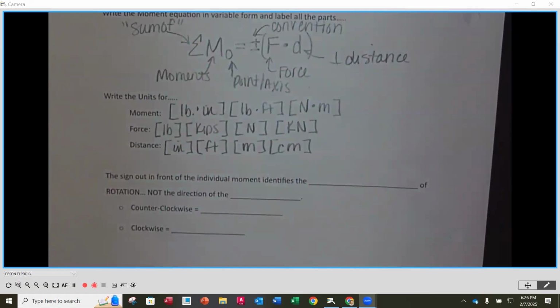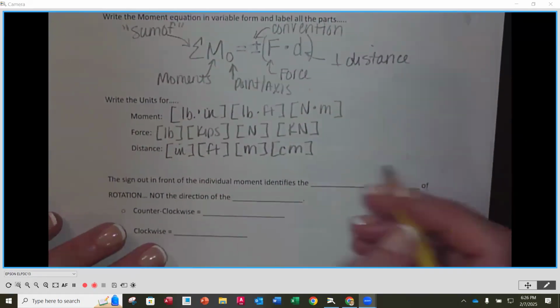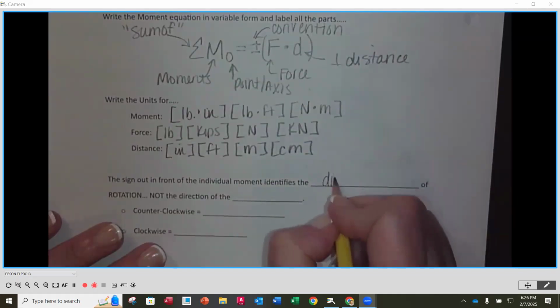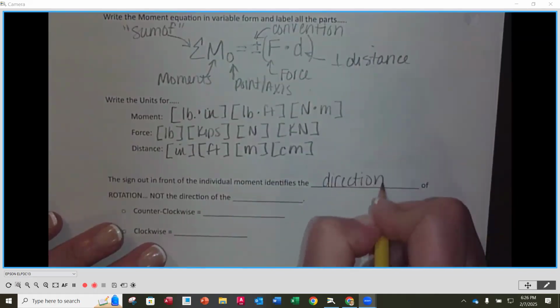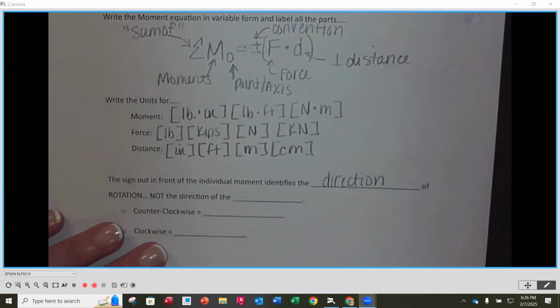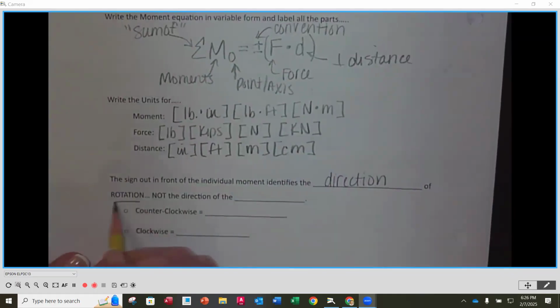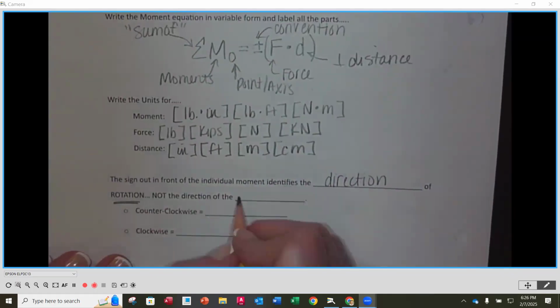The next statement here says the sign out in front of the individual moment identifies the blank of rotation, the direction, right, of rotation. And we compare that back to our convention. So the direction of rotation, not the direction of the force, okay?